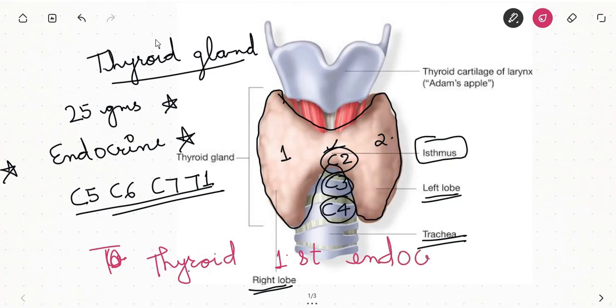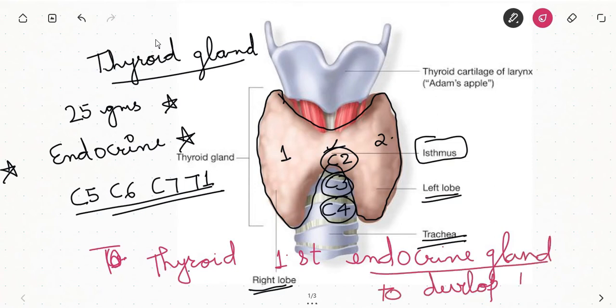Thyroid is the first endocrine gland to develop in the body. So which one is the first endocrine gland to develop? It is thyroid. It is placed against the C2, C3, C4 tracheal rings.